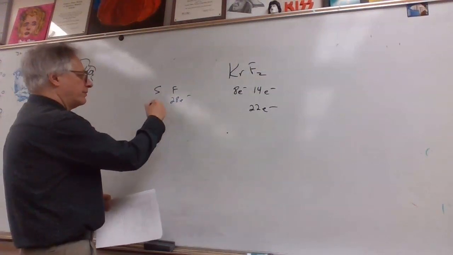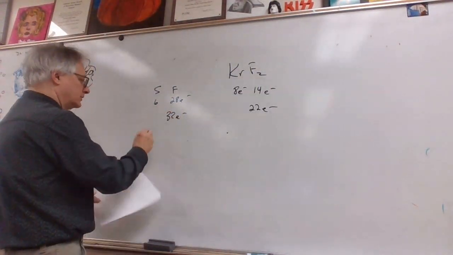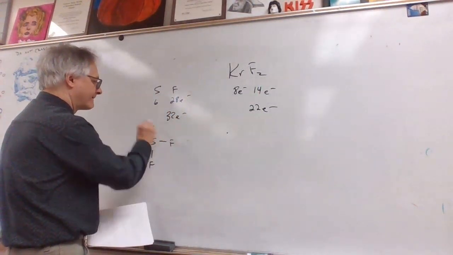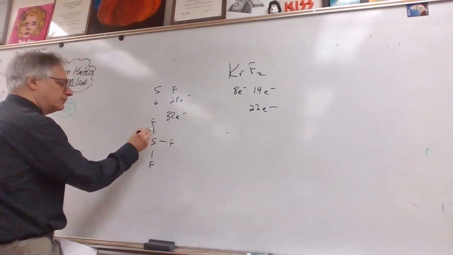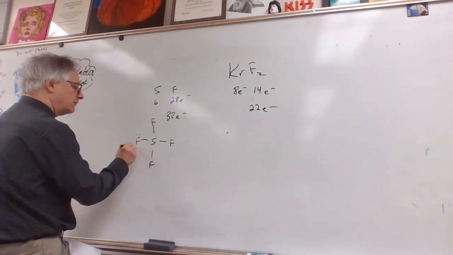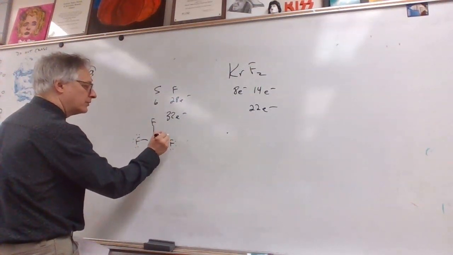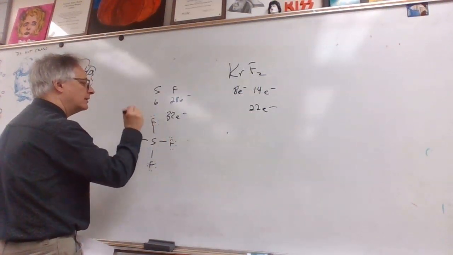So I'm going to end up with 32 electrons all total. So I'm going to have an S, my Fs, and 2, 4, 6, 8, 10, 12, 14, 16, 18, 20, 22, 24, 26, 28, 30, 32.